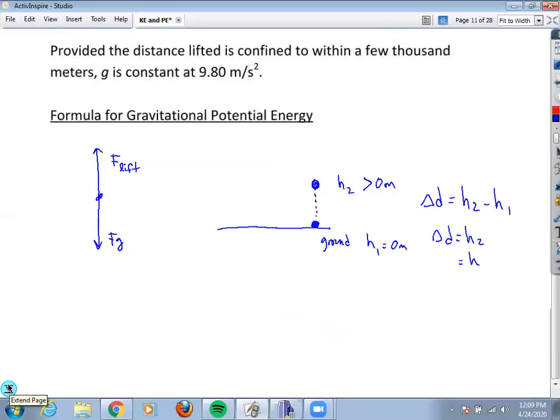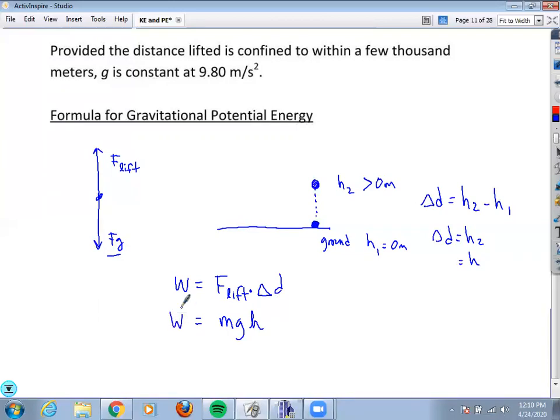Now, the work that we have to do to lift this object would equal the lift force multiplied by delta d, F delta d. Now, the basic amount of force needed to lift the object would equal the force of gravity, which is equal to mg, and the delta d would be the height, which would be h.